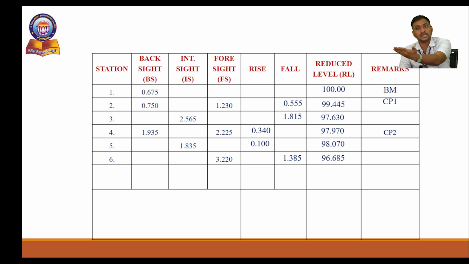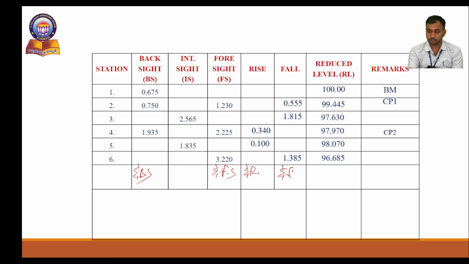Next for the end point, that is the foresight value. After that we calculate by the rise or fall method. Now we have to calculate the summation of backsight values, the summation of foresight values, the summation of rise values, and the summation of fall values, and for the check the formula is last RL minus first RL.